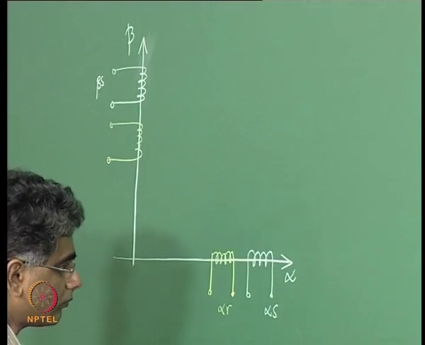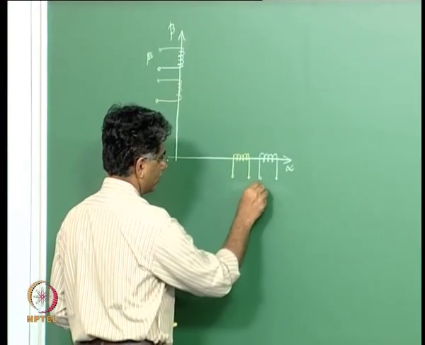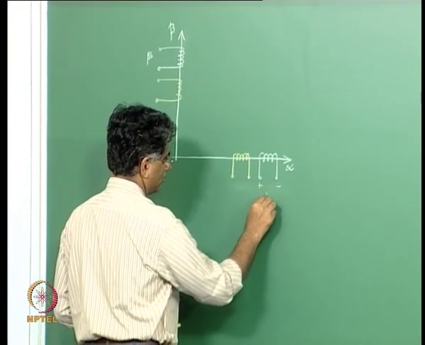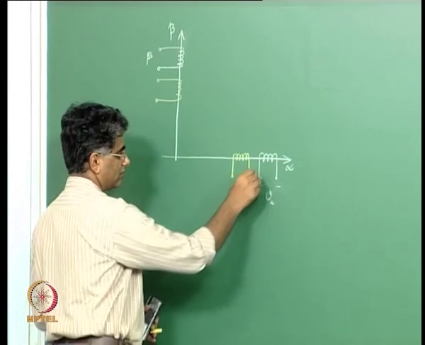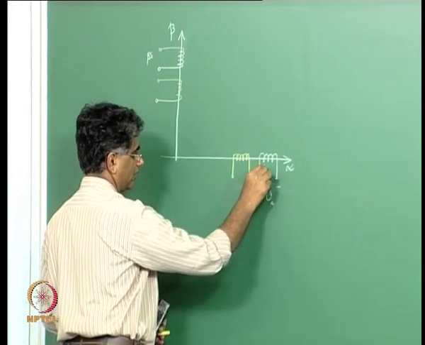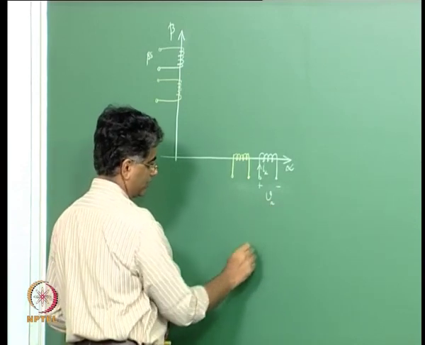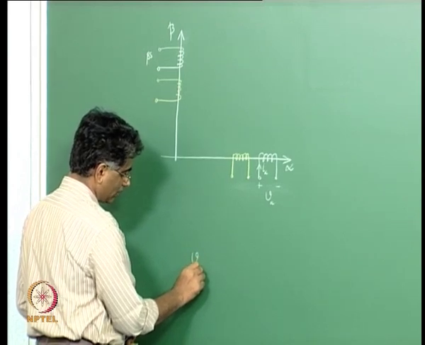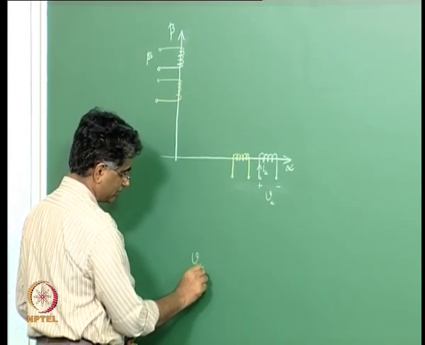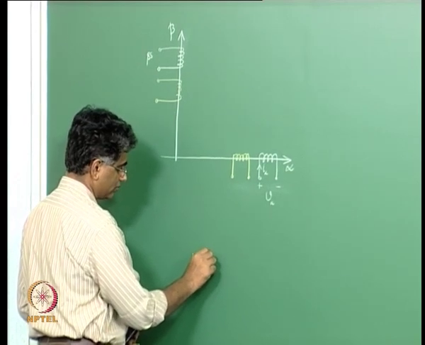So what you would do is apply a voltage V alpha to the stator, and a current I alpha flows. Remember, we are using the notation that for a voltage, the letter here refers to the stator and the letter on top refers to the rotor.